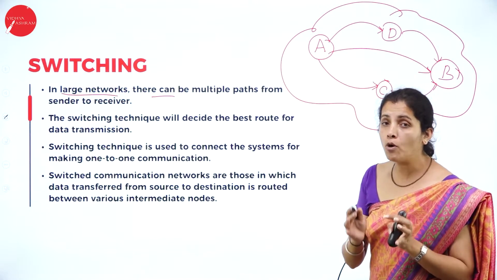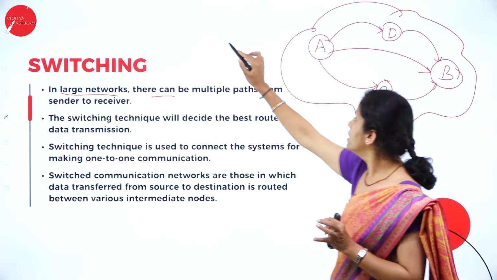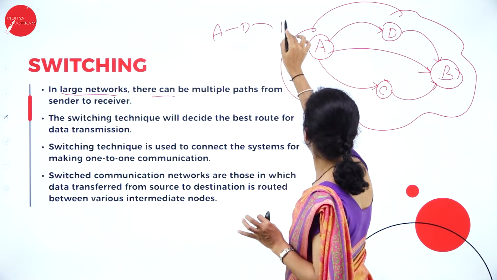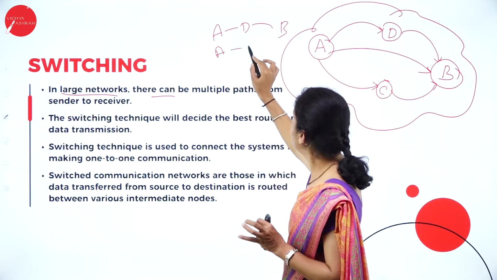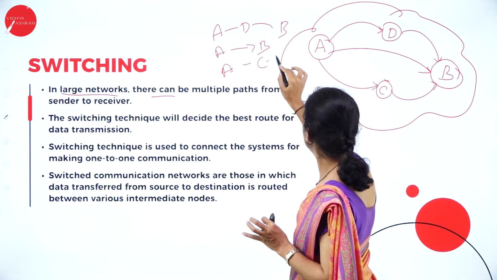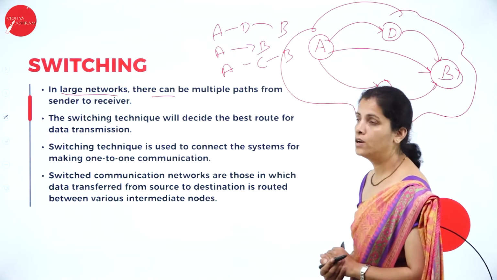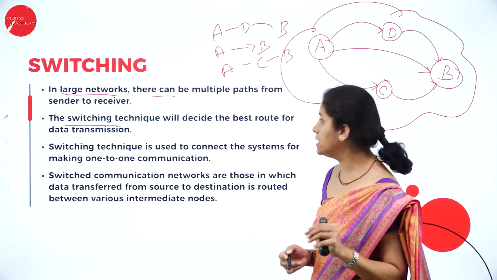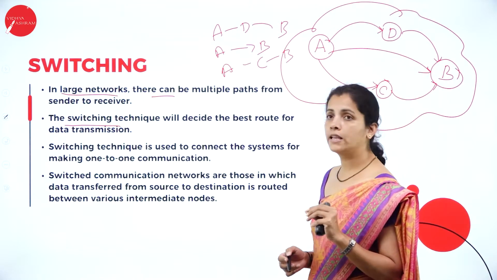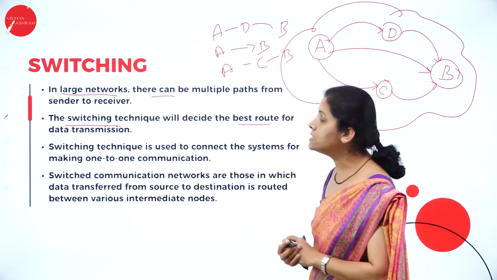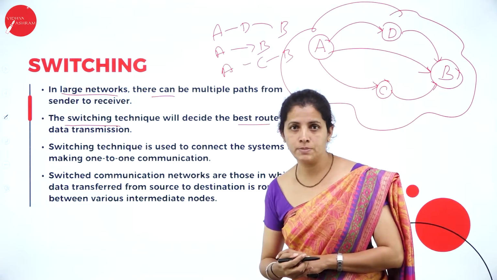I have 3 possible paths, that is A to D and from D to B, or A to B directly, and another one is A to C, from C to B. So here switching is the technique which is going to decide the best route for data transmission.